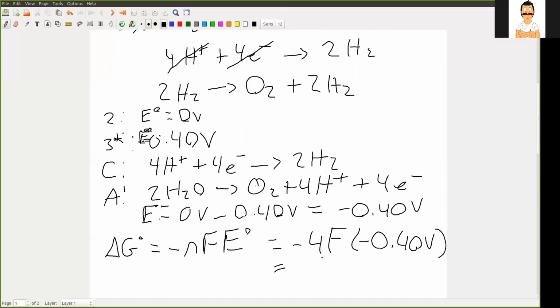So this negative 4 times negative 0.4 is going to give us negative 1.60 volts. I'm sorry, it's going to give us positive 1.60. And we know that a change in Gibbs free energy that's positive is non-spontaneous, whereas a change in Gibbs free energy that is negative is spontaneous.